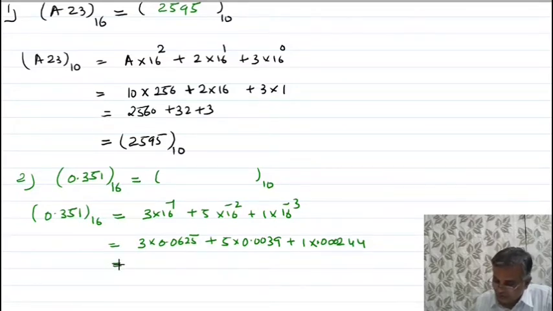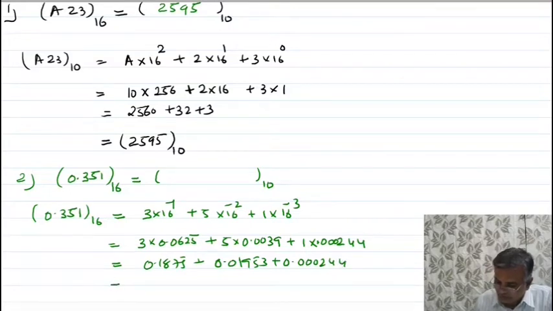If I calculate these values, you will get 0.1875 plus 0.01953 plus 0.000244. If you add these numbers, you get 0.20727 in decimal.